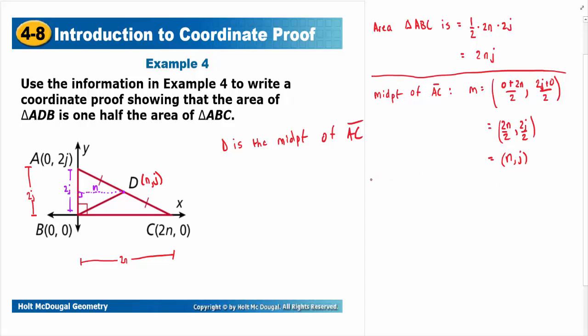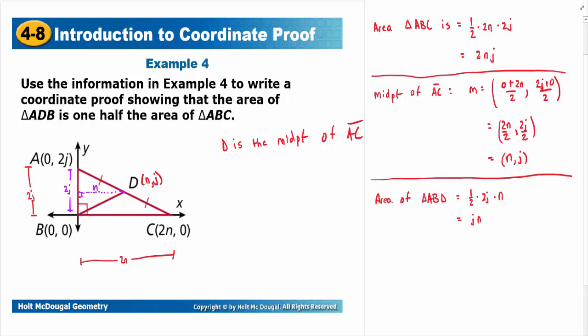Since I'm using that point now, I can find the area of triangle ABD. So it's going to be 1/2 base, which is 2j, times my height, which is n. So half of 2 is just 1, so that's j times n.